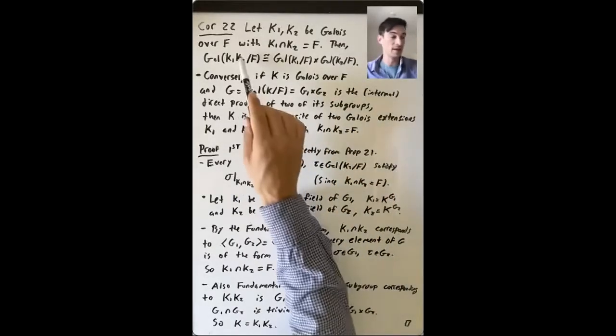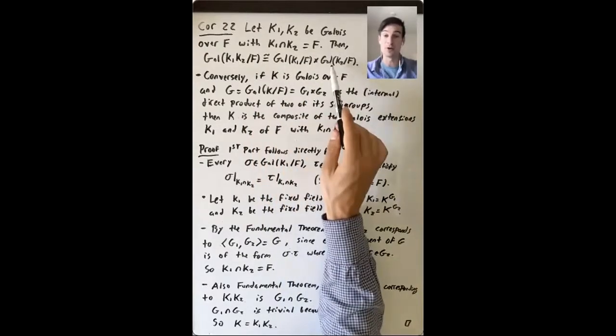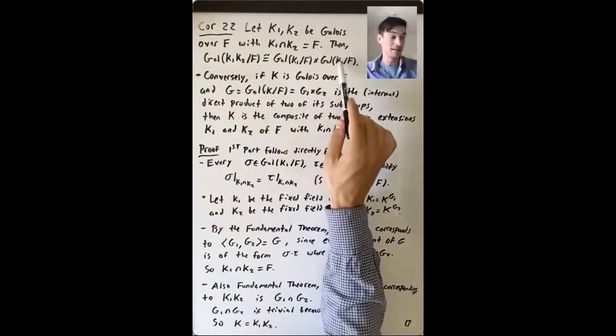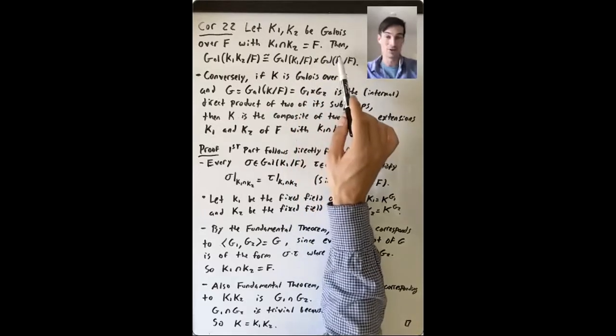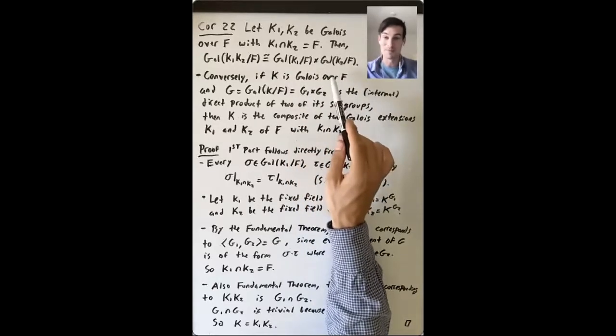We know that the Galois group of the composite over F is isomorphic to the subgroup of the direct product consisting of all pairs sigma, tau such that you restrict sigma to K1 intersect K2, you restrict tau to K1 intersect K2, and you get the same automorphism.